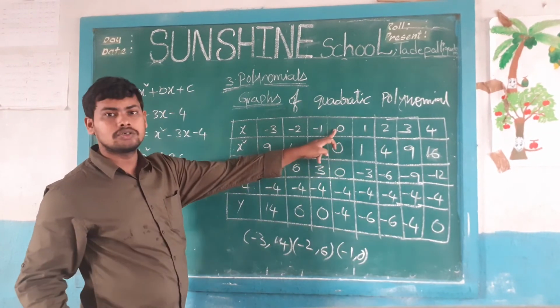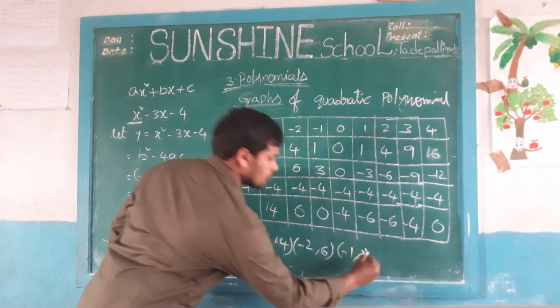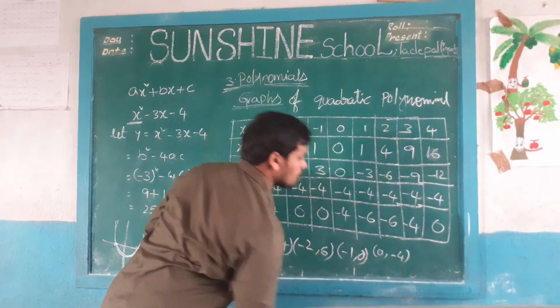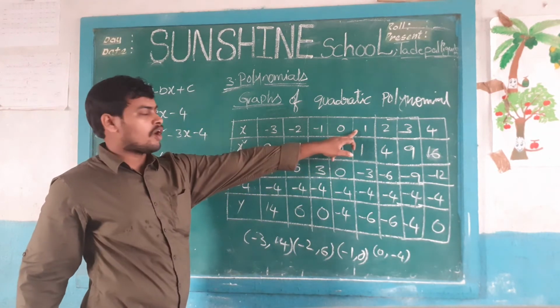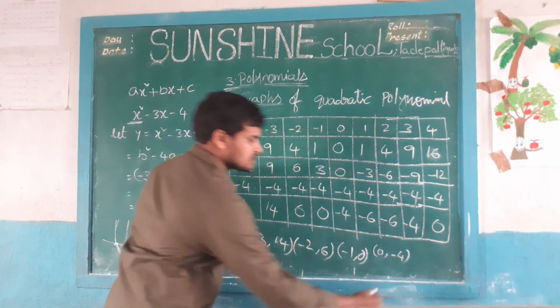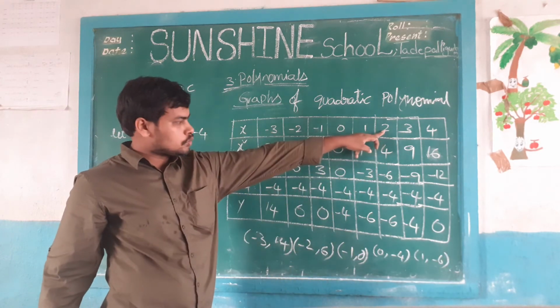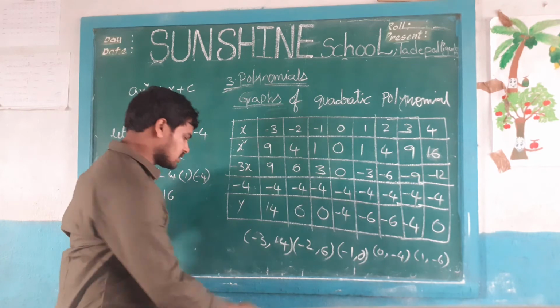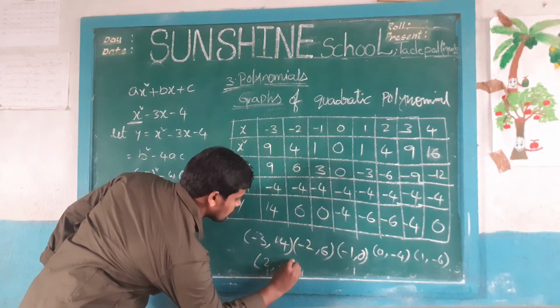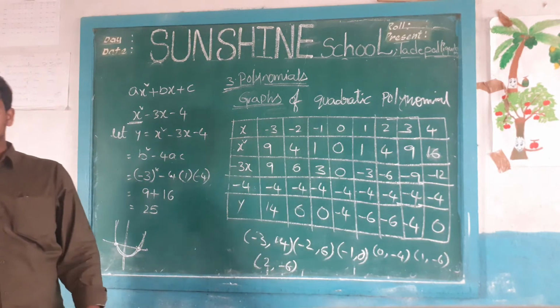Next, x value 0, y value minus 4. Next, x value 1, y value minus 6. X value 2, y value minus 6. Okay, stop.